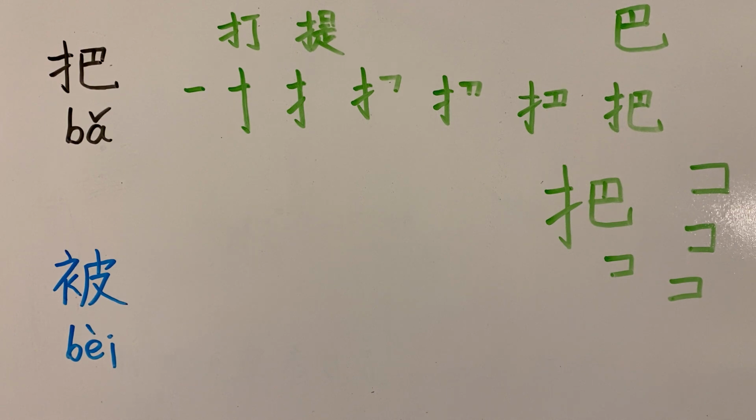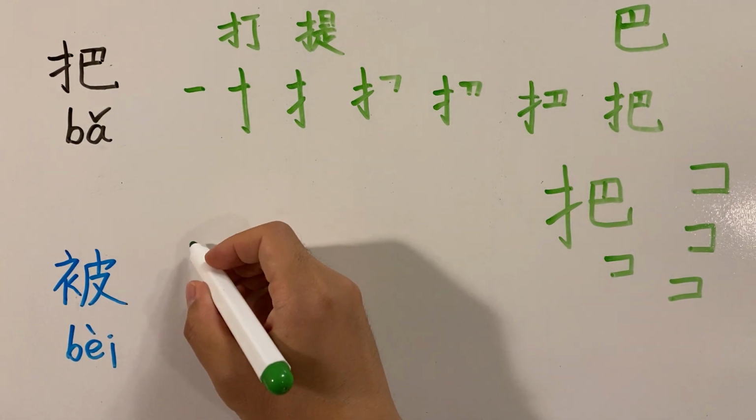The second one, 被. 被 is formed by a left part and a right part. The left part is also a regular one.